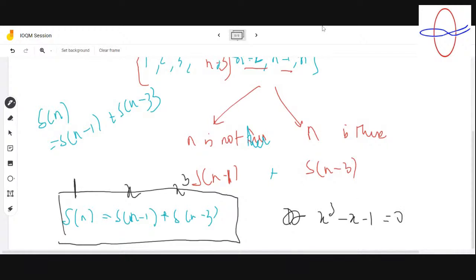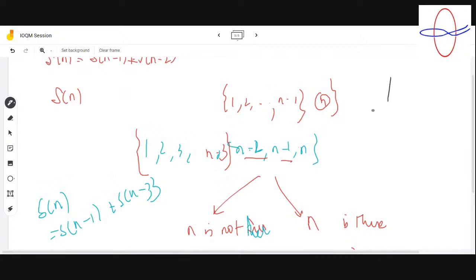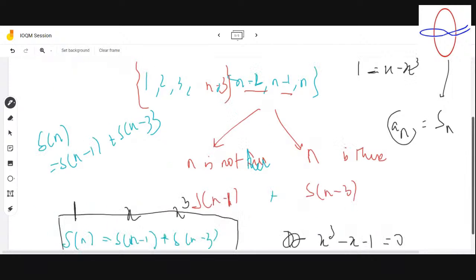The root of this will be... Yes, you're right. So if you just do this 1 by 1 minus x cube, and you find out the nth coefficient of this polynomial, the nth coefficient is this S n. So by generating function you can do it.